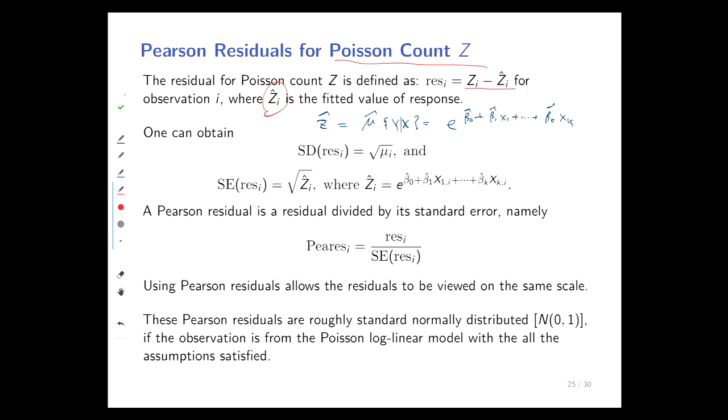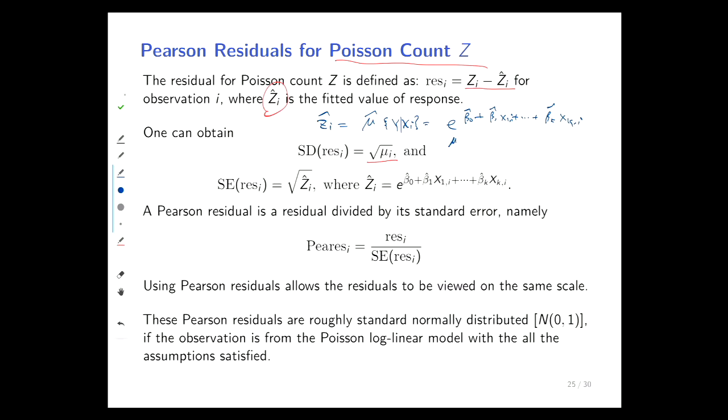Here I just give you the standard deviation directly. The standard deviation here is the square root of mu i. So what's mu i? I think we need to clearly specify this. Let's write down the mean fitted value given each xi.